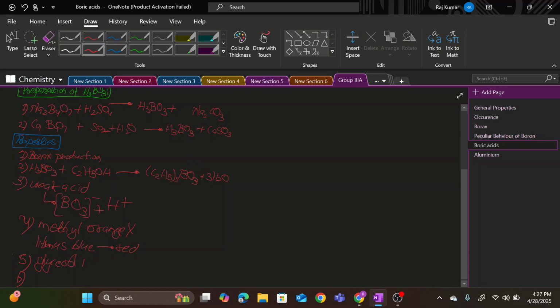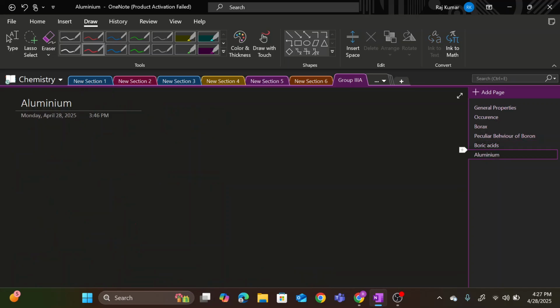We have got its weak acidic characteristics, and another important thing is that it partially reacts with sodium hydroxide or caustic soda to form borax. But that reaction is pretty limited and that's partial.